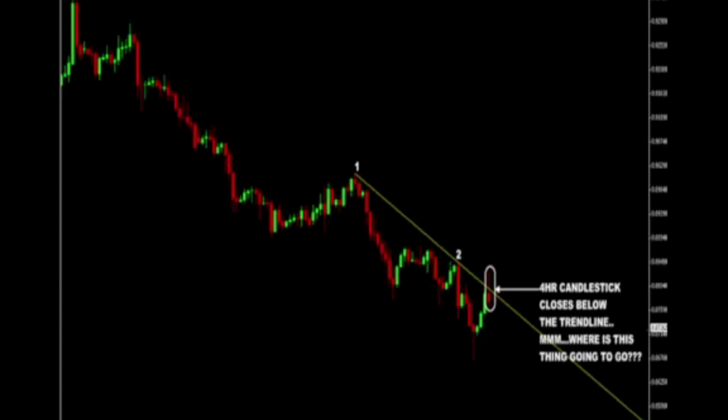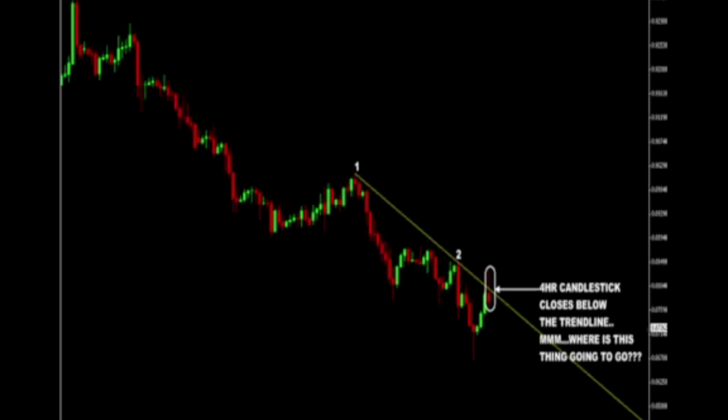The closes of 1 hour and 4 hour time frame candlesticks are very important in determining if the trend line is likely to be broken or not. If you see a 1 hour candlestick close below an upward trend line, then there is a greater chance that the trend line is intersected and price will continue to move down.